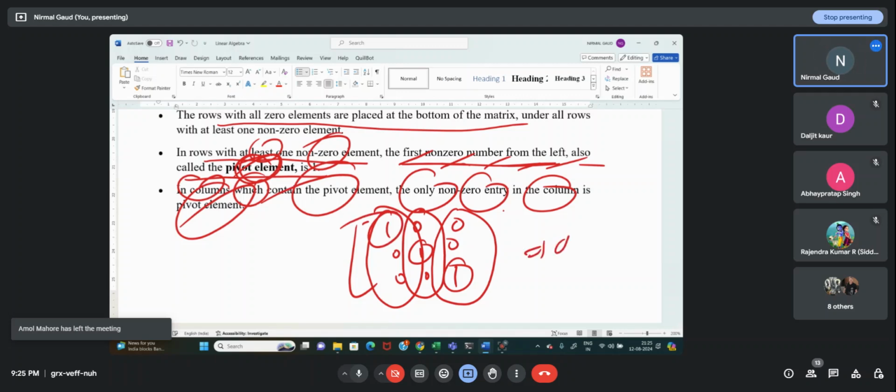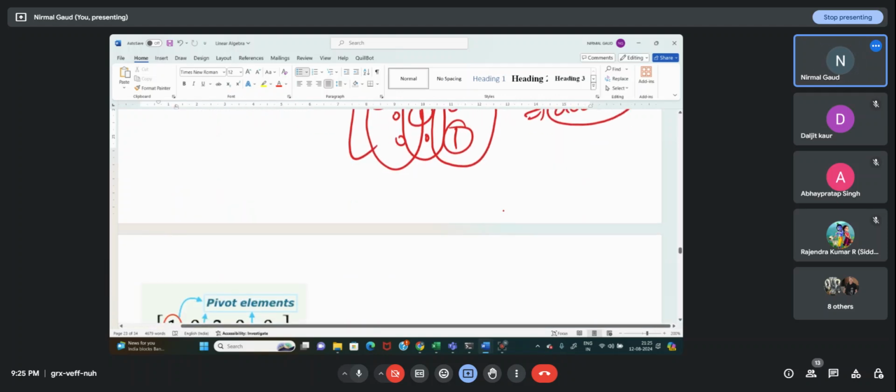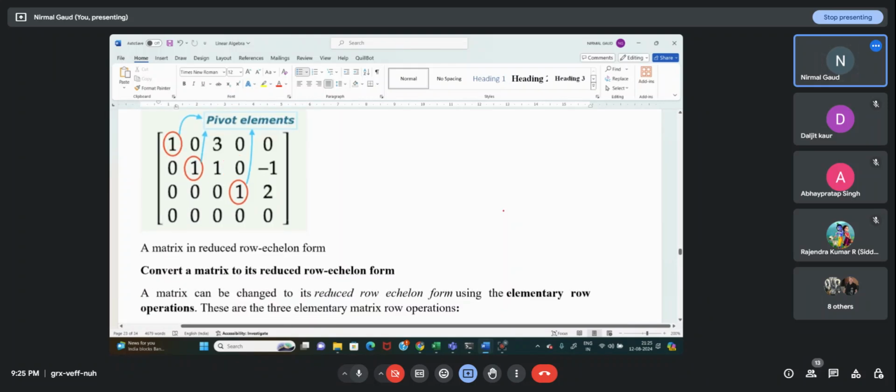Clear. Even if it didn't say so, we knew it, because the concept says that only. So you can see this is a pivot element, this is also a pivot element. The first non-zero entry in a row is a pivot element. That's it, finished.